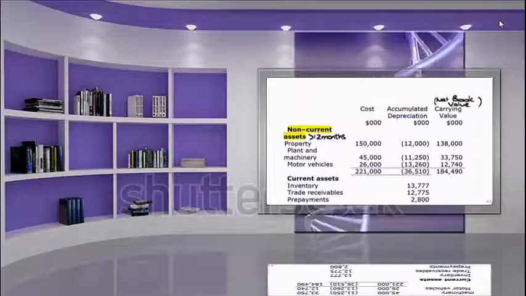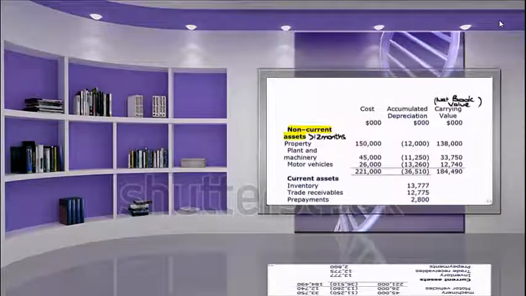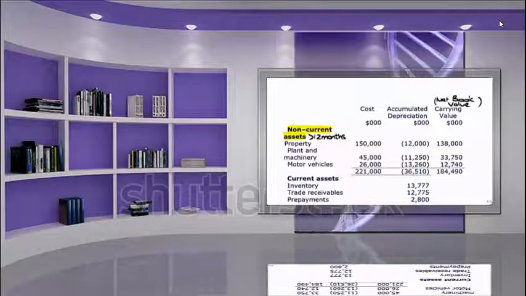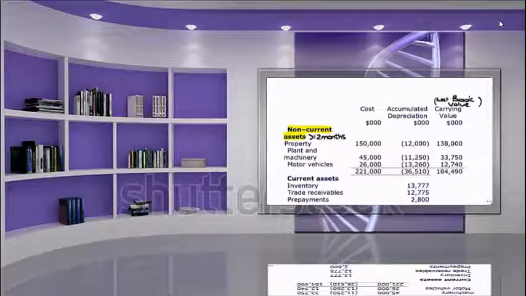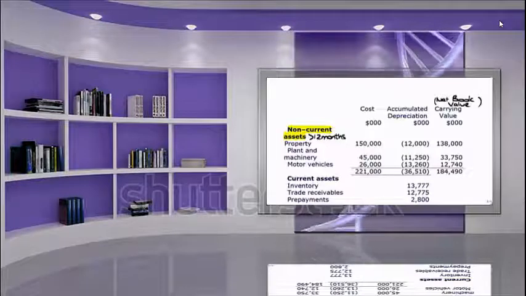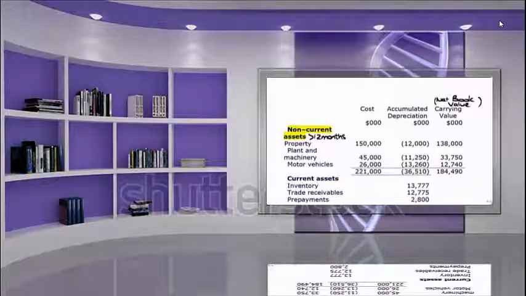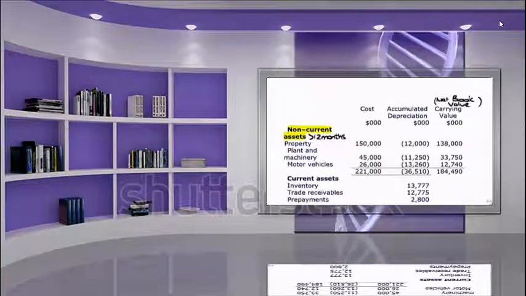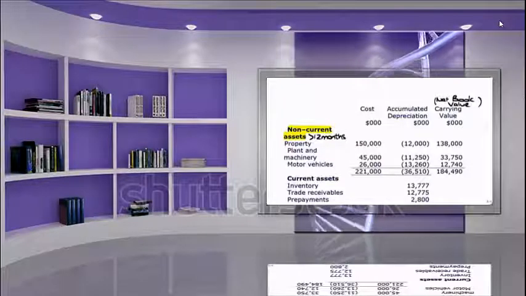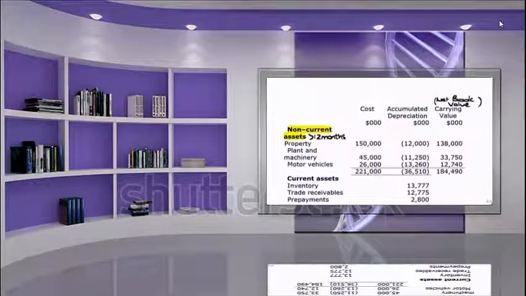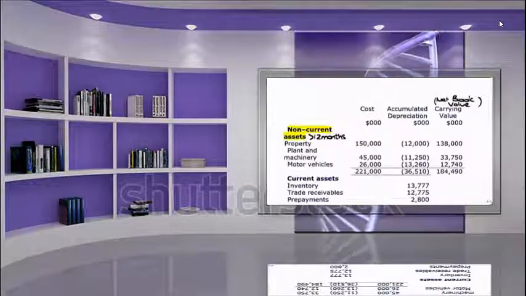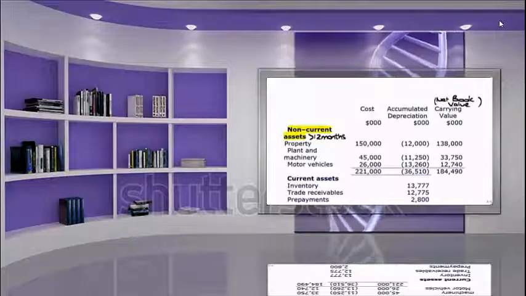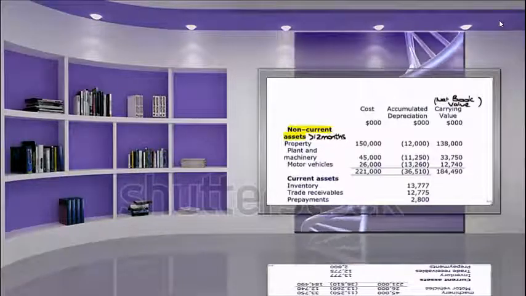We can also see that there are some other examples of non-current assets. So we can see we've got plant and machinery. You may use your machinery as part of your main trading activities in your business. So maybe your property is your factory, and in that factory you have various machinery that you use to manufacture goods which you will then sell in your business to earn you that sales income.